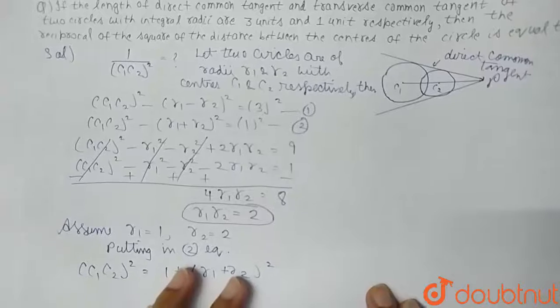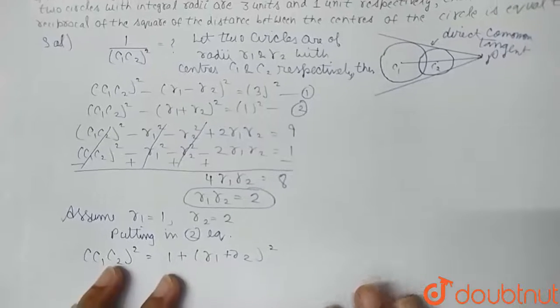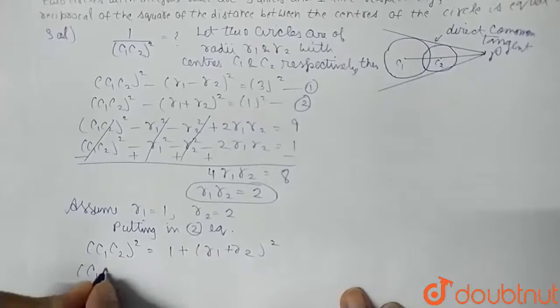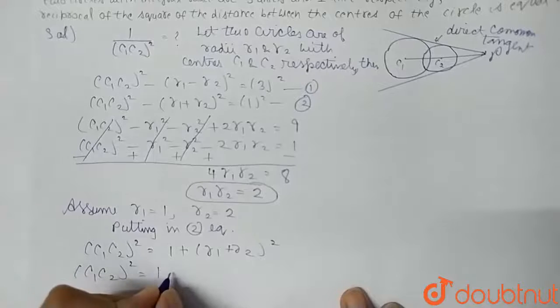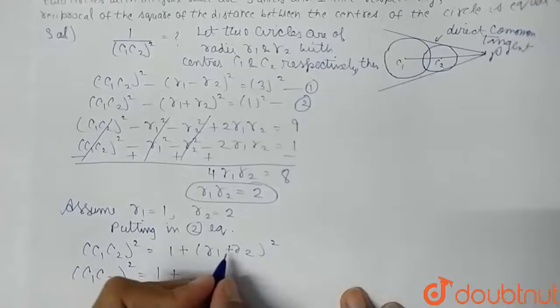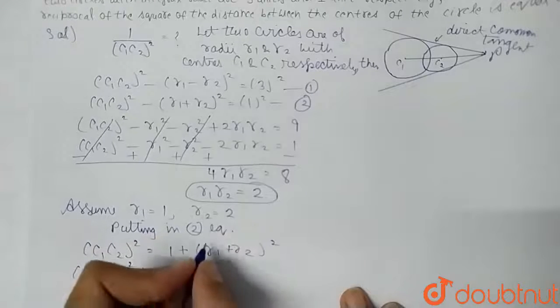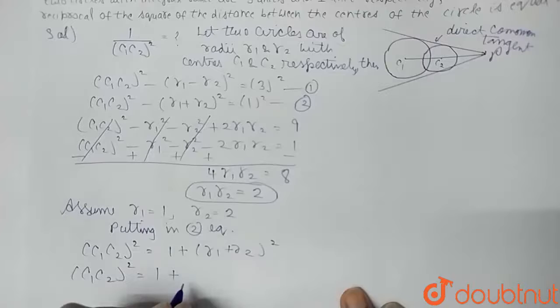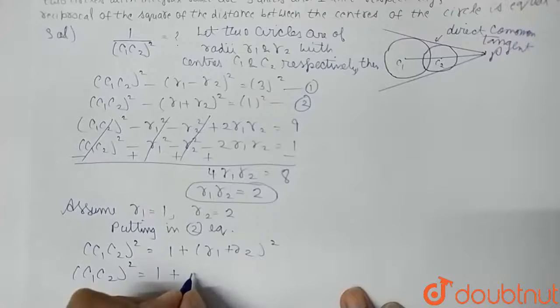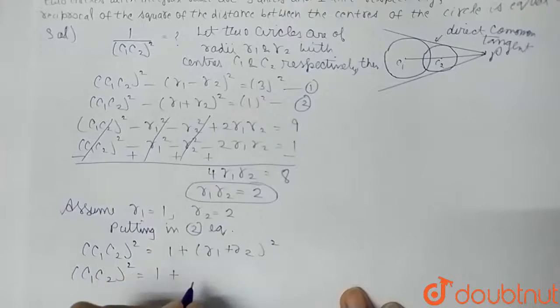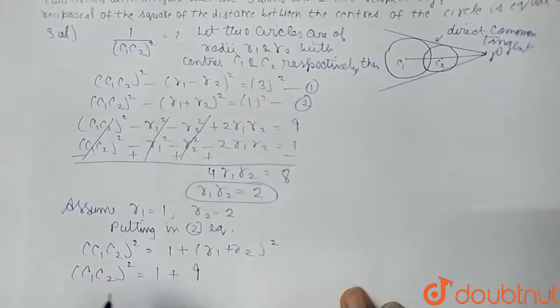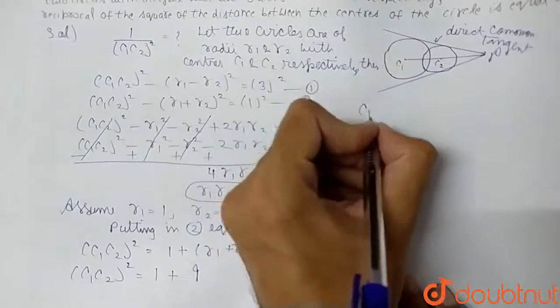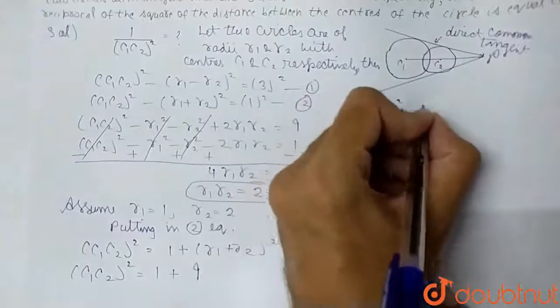So we write C1C2 whole square equals 1 plus, since R1 and R2 are 1 and 2, 1 plus 2 is 3, and 3 square is 9. So C1C2 whole square is equal to 10.